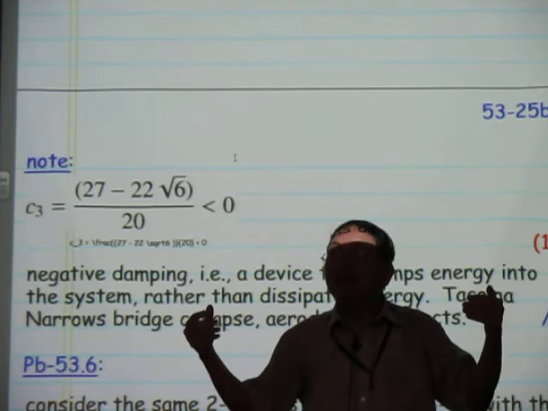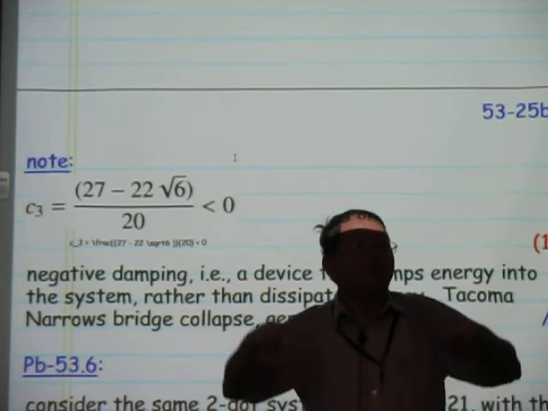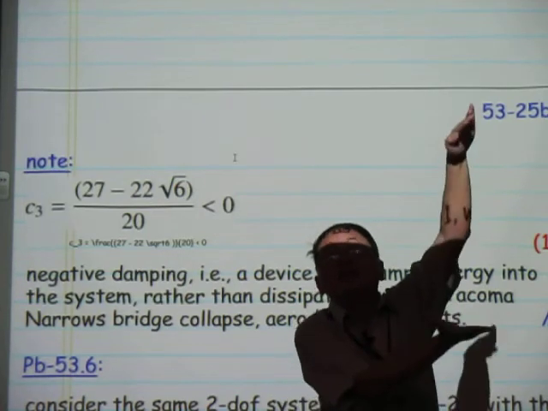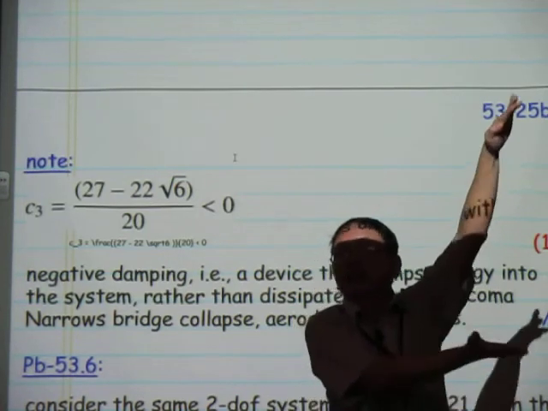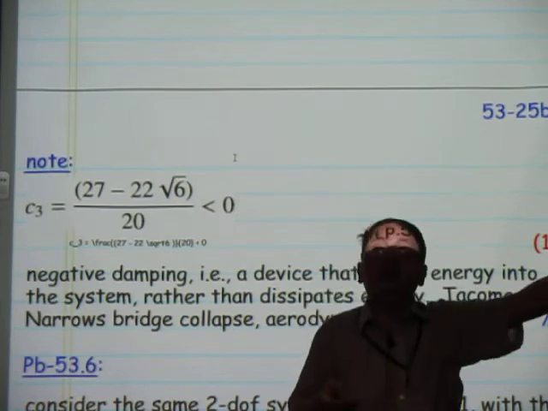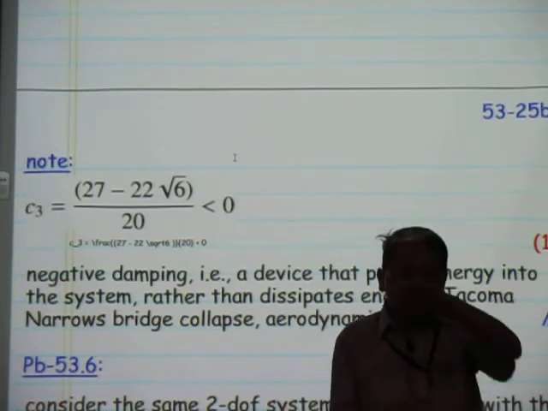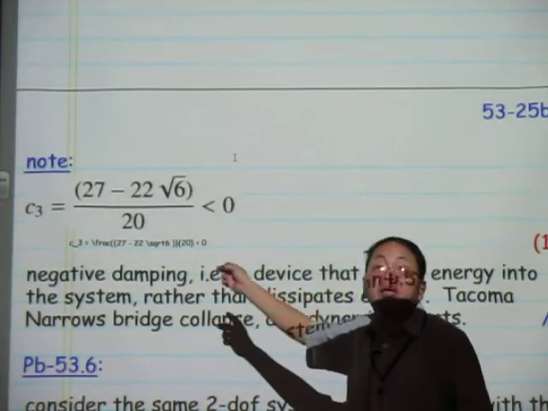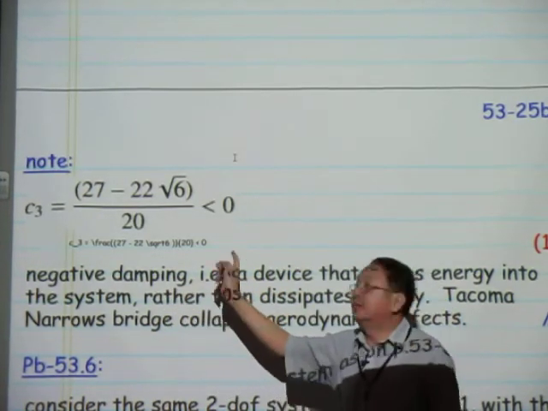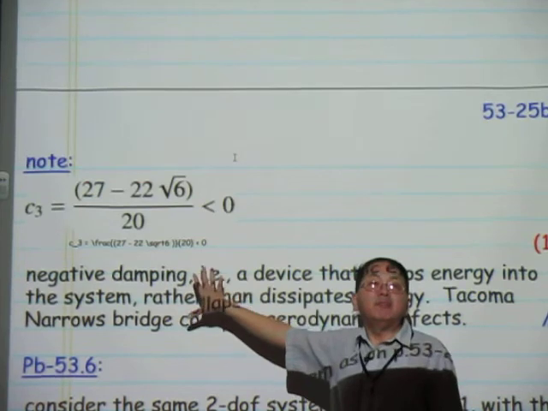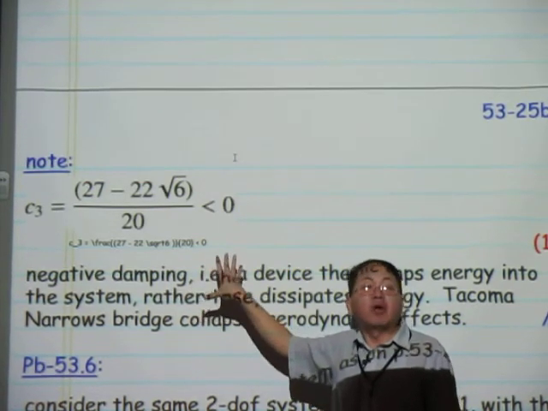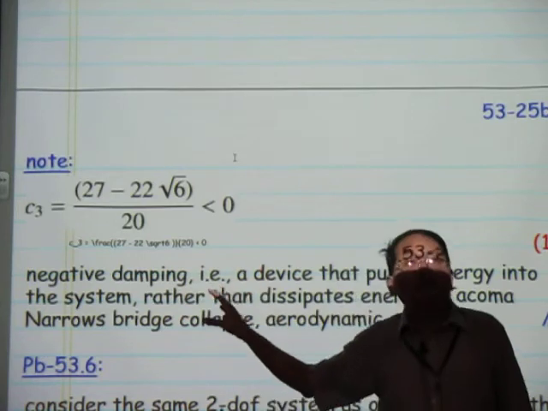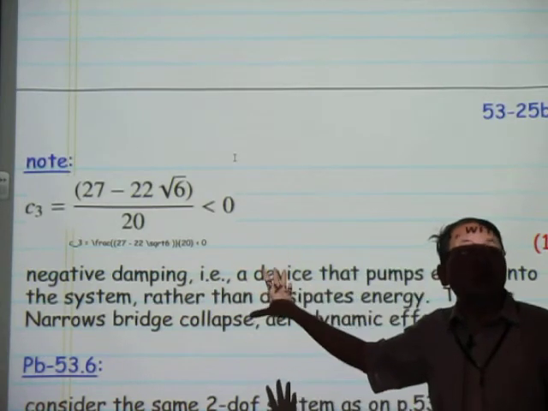Now, negative damping is when energy is pumped into the system. So you expect the amplitude actually increases to infinity as time goes to infinity. And this has a very important application. This negative damping is the explanation for the collapse of the Tacoma Narrows Bridge.